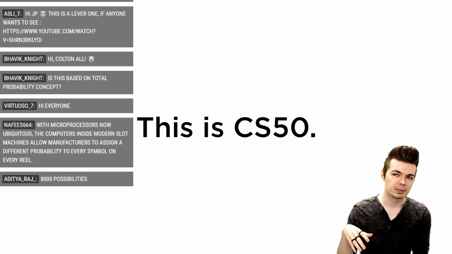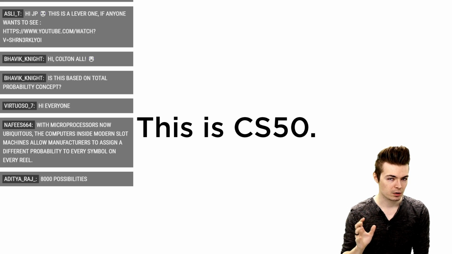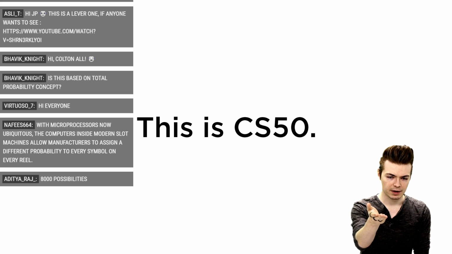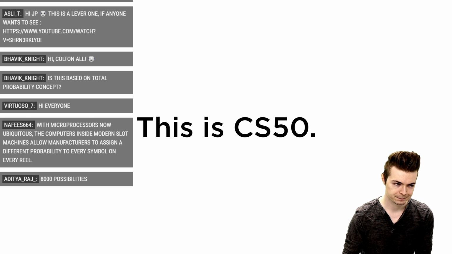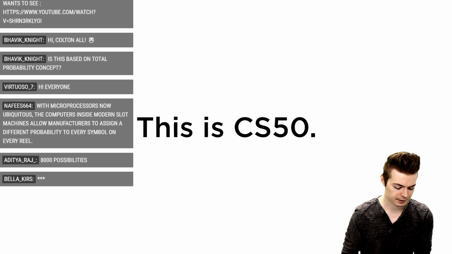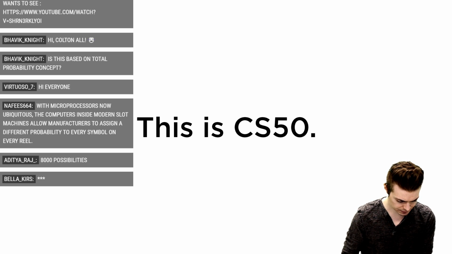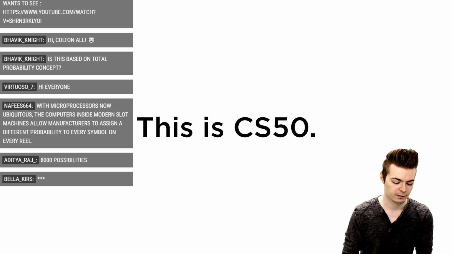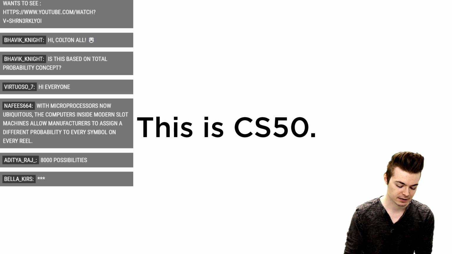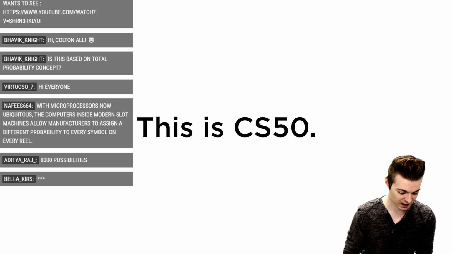Ours is going to be a little bit more of a naive random approach, which I think does go down to what Aditya was saying, a 1 in 8,000 probability for the 3 sevens actually aligning. So yeah, you absolutely can flub the numbers however you want. And I wouldn't doubt that casinos actually end up doing this in practice quite a bit.